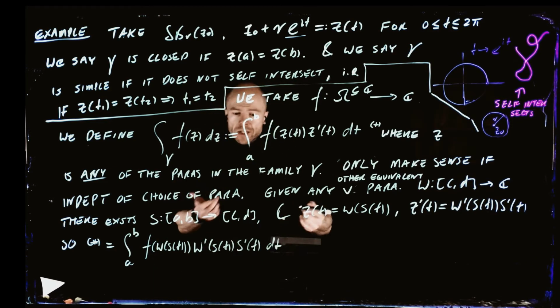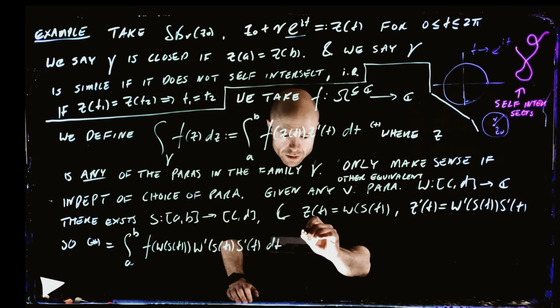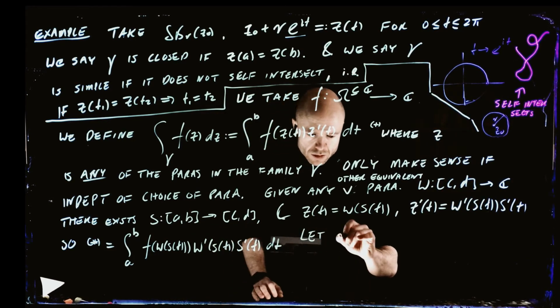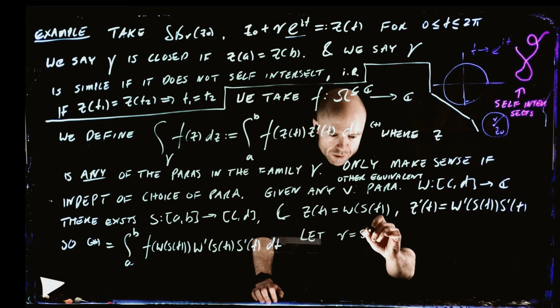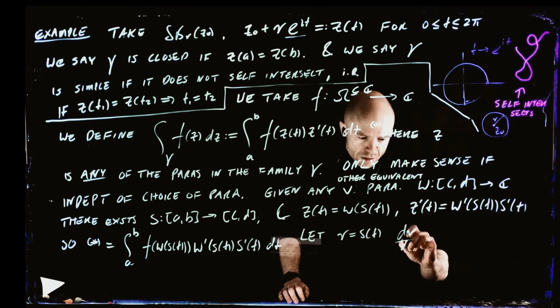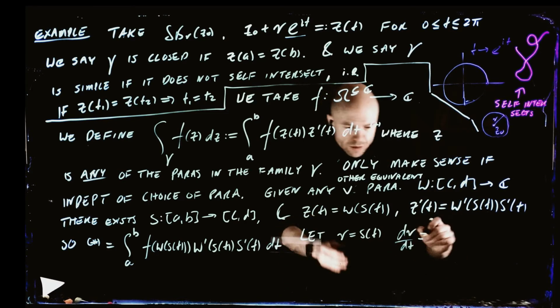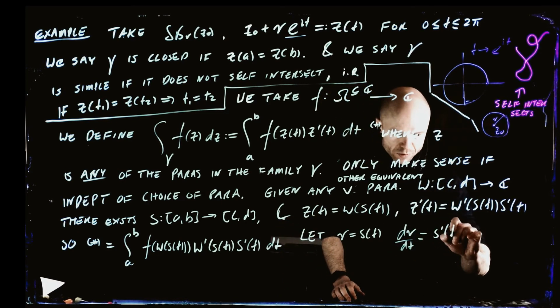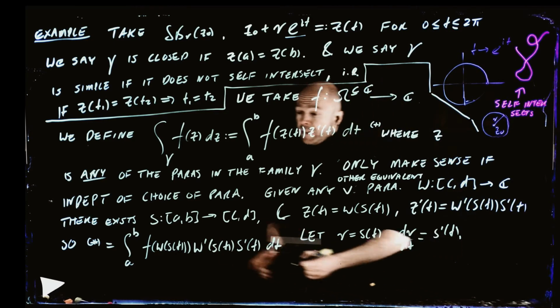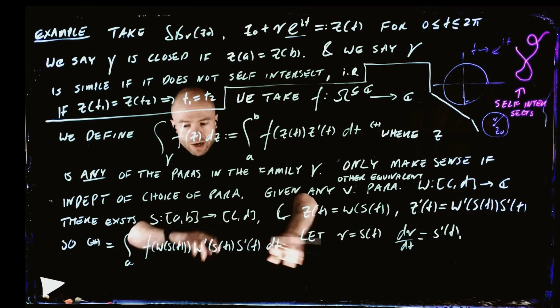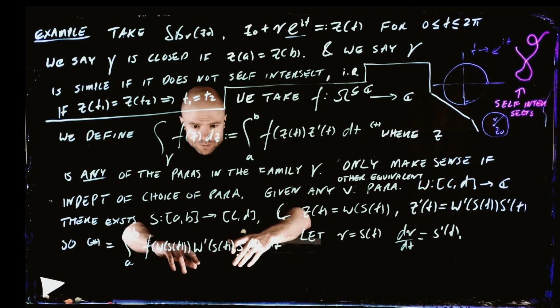And now we can just change variables. So let r be s of t. So dr by dt, this is just one-dimensional change of variables, is s prime of t. And then we can rewrite this in terms of variable r.